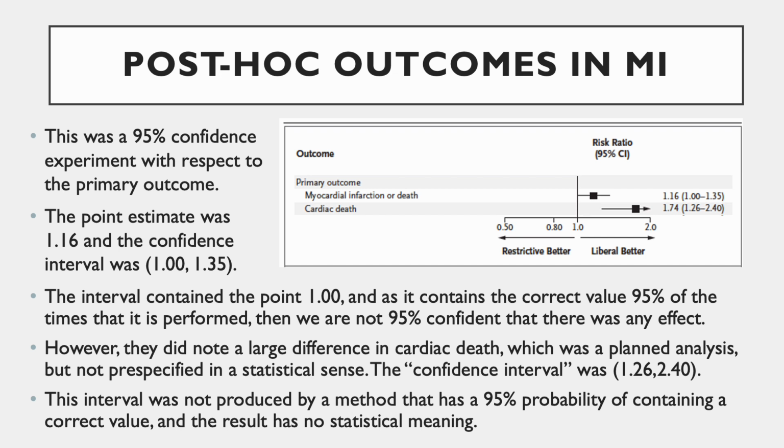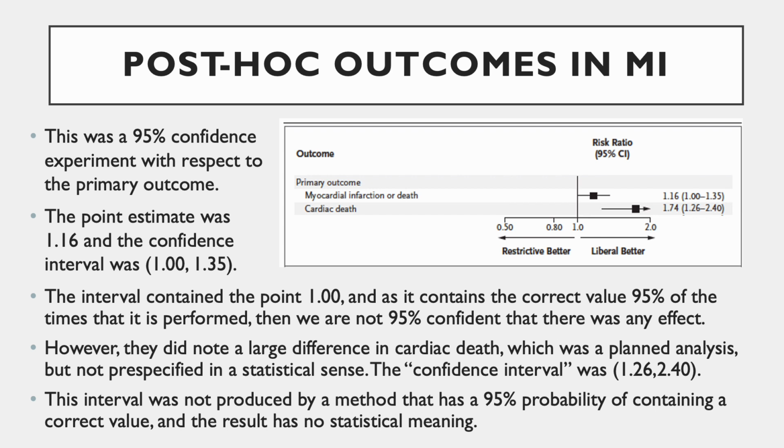However, there was a different post-hoc outcome that was cardiac death. Now, they said they pre-specified cardiac death in that they told everyone they were going to measure it, but it wasn't pre-specified in the way that they corrected anything for multiplicity. So it is a post-hoc test, but it was a positive one, was it?